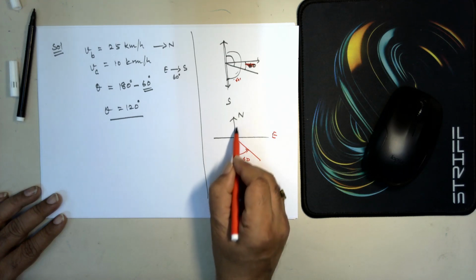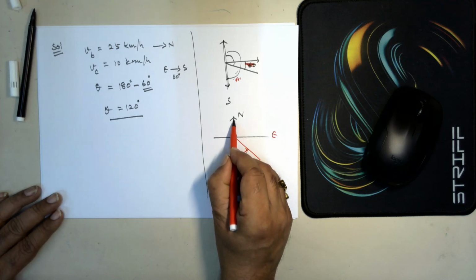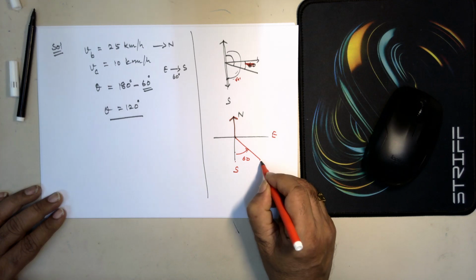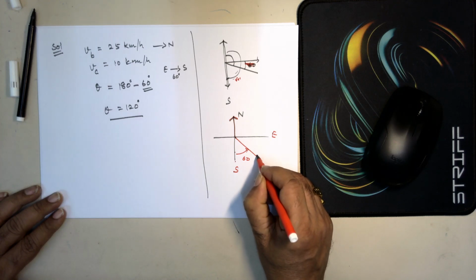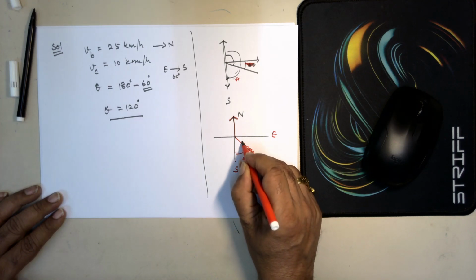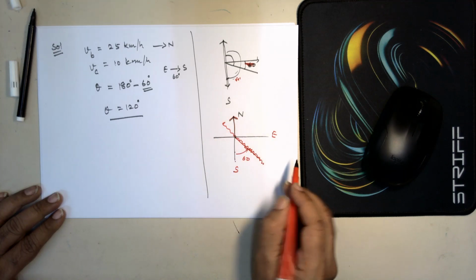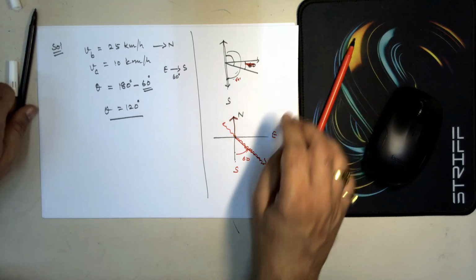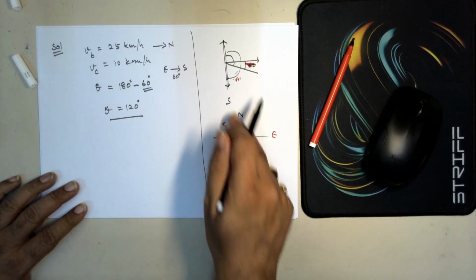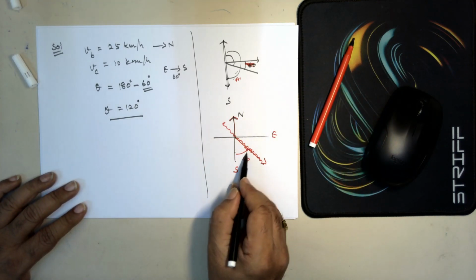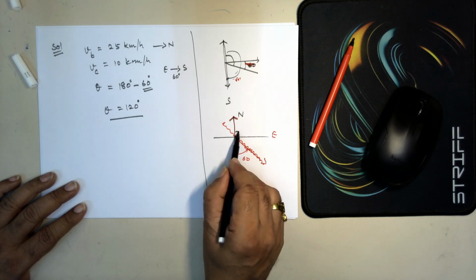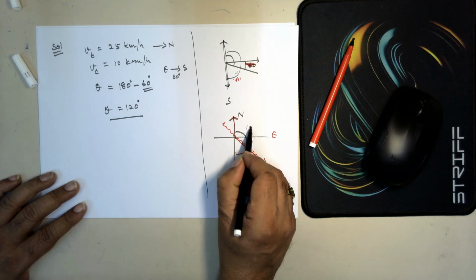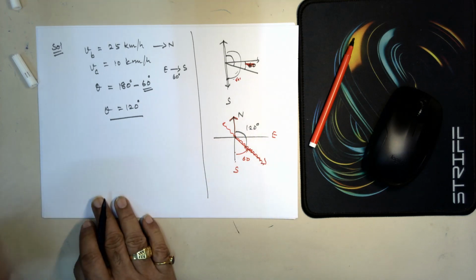Now you have got two vectors. One vector is the velocity of the boat vector. Another is in this direction, the water current. So we have to indicate this direction. How to mention this direction? Now this is totally north to south, 180 degree. This 60 degree has gone. So the angle between these two vectors is 180 minus 60, 120. Do you understand this?